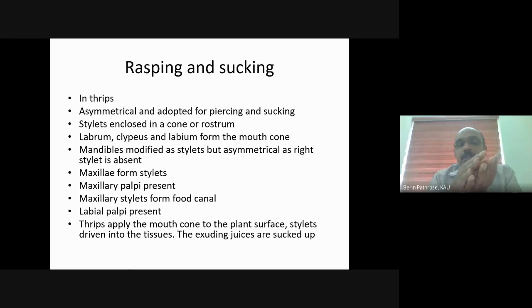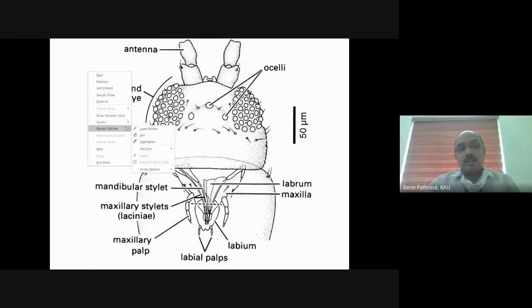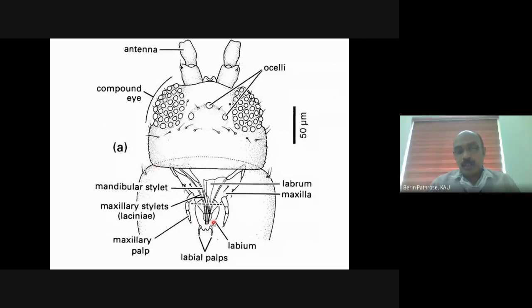What the thrips will do is apply the mouth cone on the plant surface, and the stylet will pierce into the plant tissue, and the plant sap exuded from the tissue will be sucked up. So this is how a rasping and sucking mouthpart looks like.